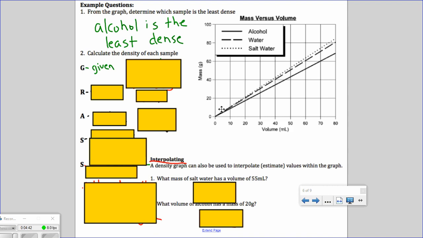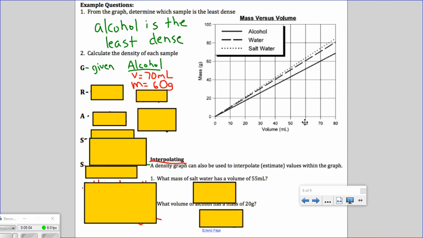In this case, this information would come from the graph that we are being given. We're going to calculate the density of alcohol, and here we'll choose a point off of the line where we don't have to estimate anything.